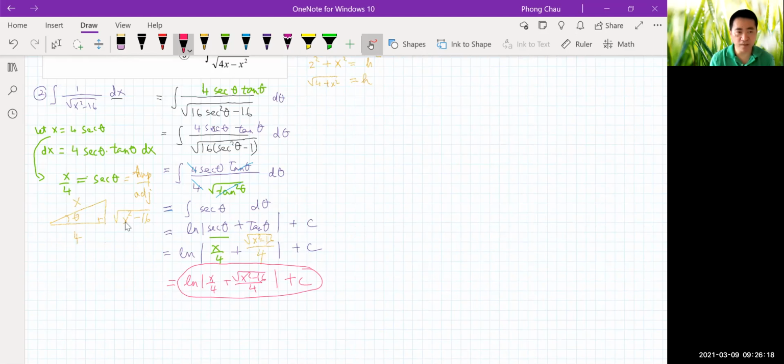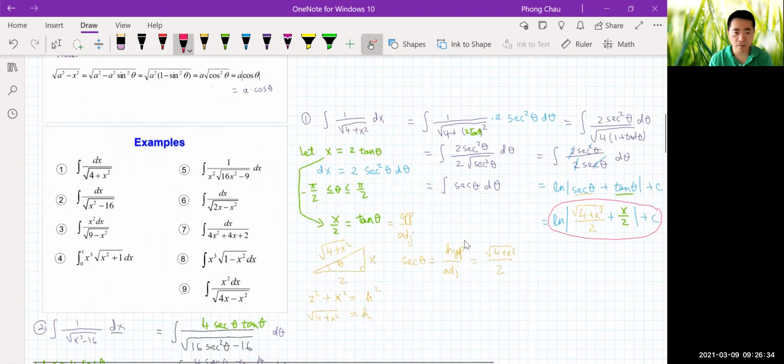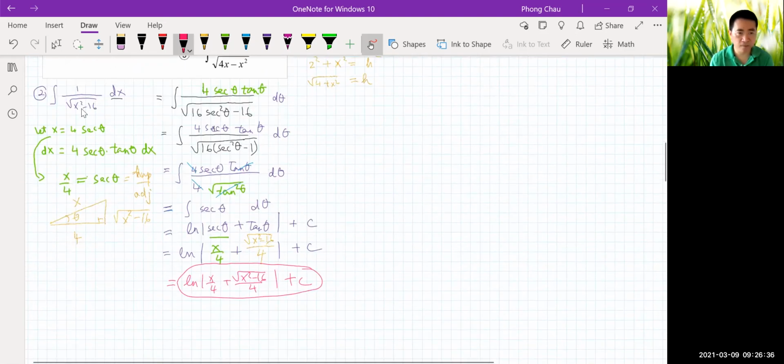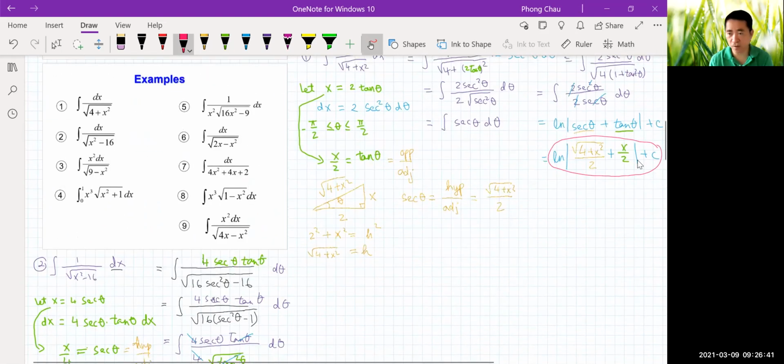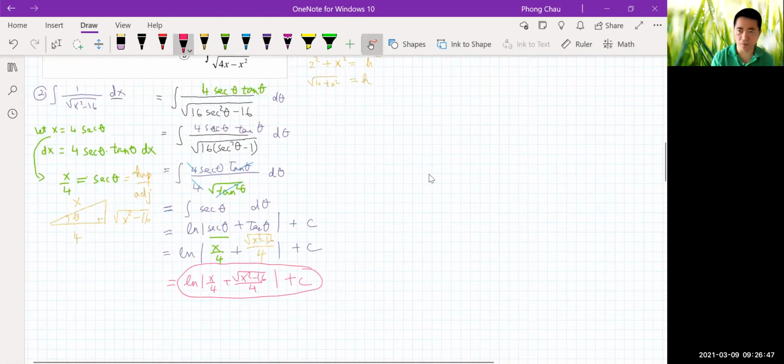So if you see this one is 4 squared, and you don't see 4 on the bottom, you know it's wrong. And also you see the square root at the beginning now becomes the end of the solutions. See that one? Now you see root 4 plus x squared and root 4 plus x squared. So these are things to remember, watch out, make sure that the answer comes out to be correct.